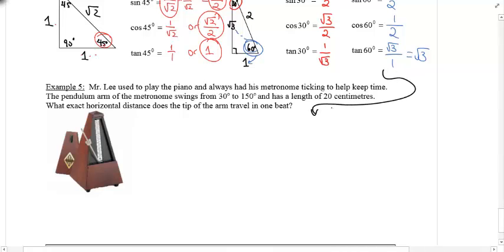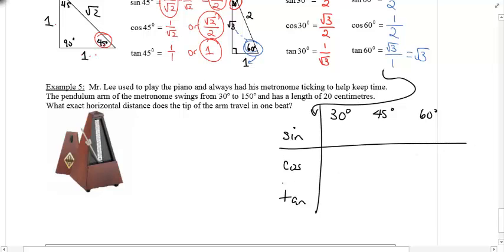Sorry. I'm going to ask you to write down the sine, cosine, and tangent. I'm going to ask you to write 30 degrees, 45, and 60 at the top. And we're going to make a little chart. Now, let's see what goes in the chart. In the chart goes the ratio.